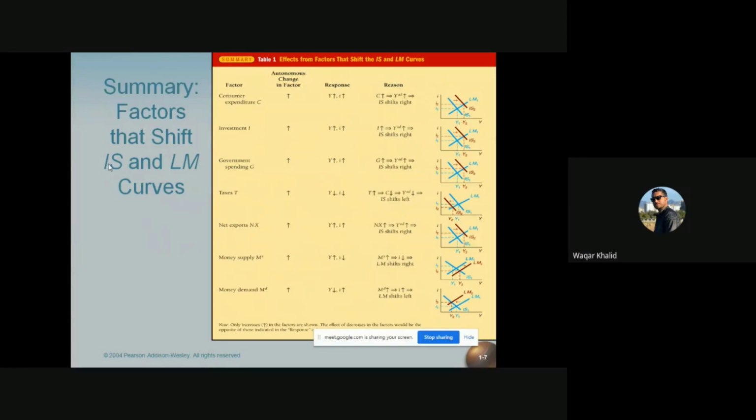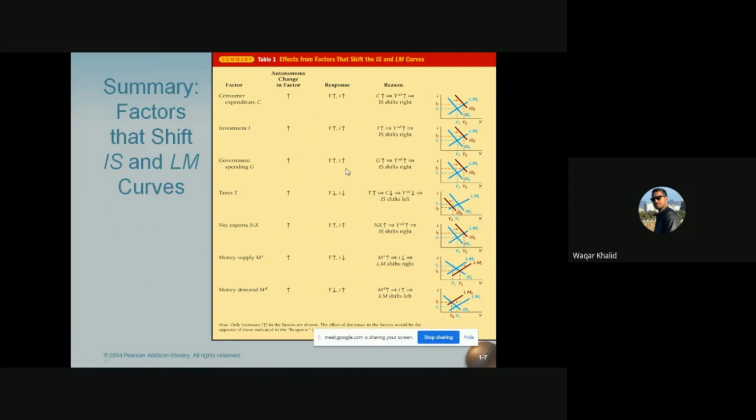You can see that we have five factors for the IS curve: consumer expenditures, investment expenditures, government expenditures, taxes, and net exports. These are the five factors that shift the IS curve. And the remaining two, money supply and money demand, are the two factors that shift the LM curve.